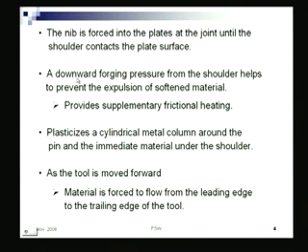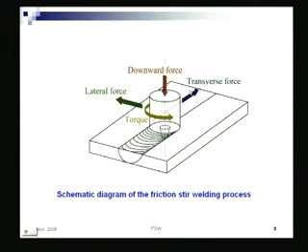Anyway, so the process is a downward forging pressure from the shoulder that helps to prevent the expulsion of softened material. When you are pushing through this nib or the profiled pin, it is displacing the material. It will try to get expelled, come out.